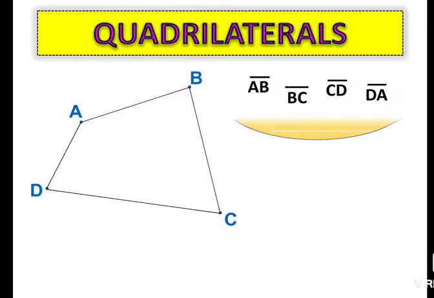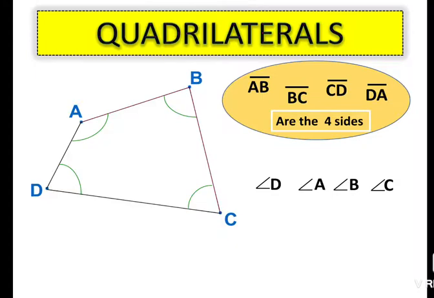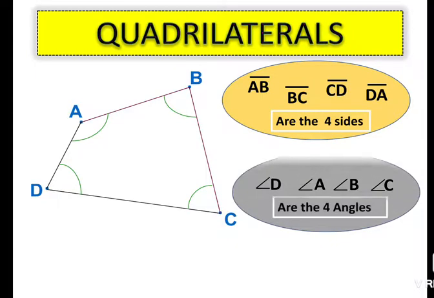These are the 4 sides of a quadrilateral ABCD. Just like that, we can see angle D, angle A, angle B, then the last one is angle C. These are the 4 angles of a quadrilateral ABCD. 4 angles and 4 sides.